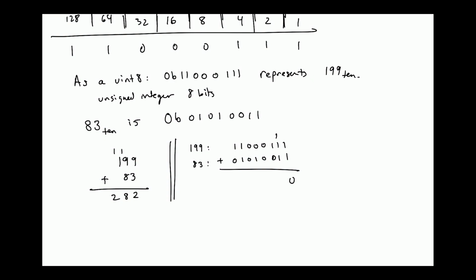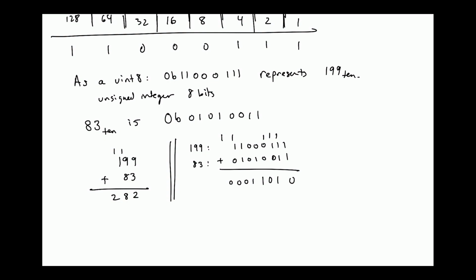What do you think? 1 carry a 1, or 3, right? So 1 carry a 1. And then what's 1 and 1? 0 carry a 1. What's 1, 0, and 0? 1, no carry. And then 1, 0, 0 carry a 1, 0 carry a 1.